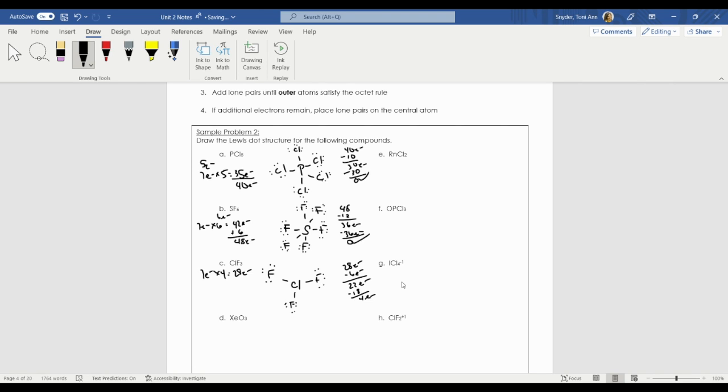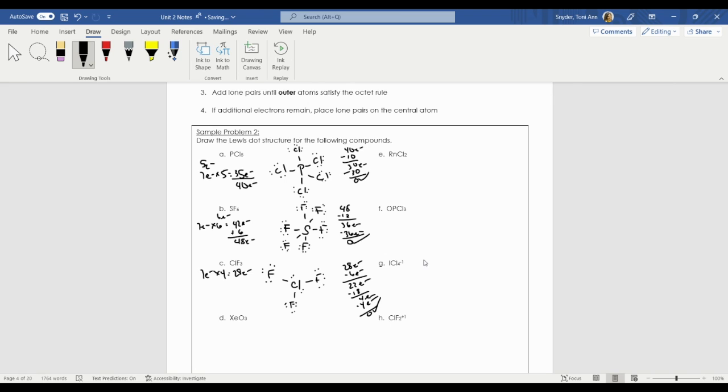In this case, we do have to utilize step 4. Step 4 is saying if additional electrons remain, place lone pairs on the central atom. So if I have 4 electrons that I have to place, that must mean that I have 2 lone pairs on chlorine. And that takes care of those other 4 electrons.